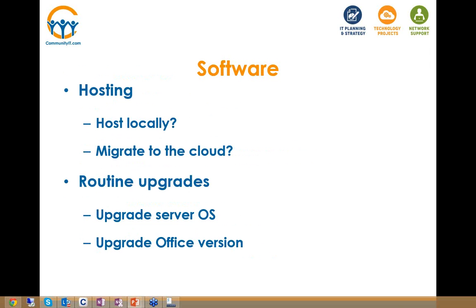Software, again, you're looking at hosting locally or migrating to the cloud. What are the initial costs, what are the ongoing costs, the routine upgrades, your server OS, your Office version? We're certainly seeing the trend of things moving from capital expense to recurring fee. On the one hand, that can be helpful for IT budgeting.